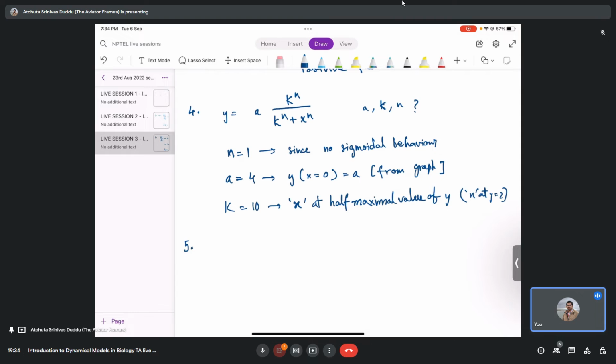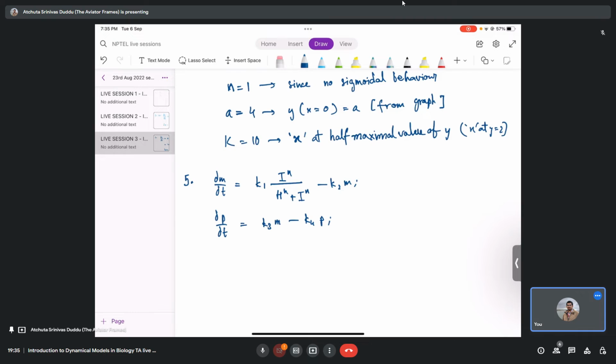So here they say the following system of ODEs is used to model gene expression under the control of an inducer I. Here, M and P are mRNA and protein, respectively. Express the steady state concentration of the protein as a function of I. Okay, so we have dm by dt equal to k1 into I power n by h power n plus I power n minus k2m, and then dp by dt equal to k3m minus k4p.